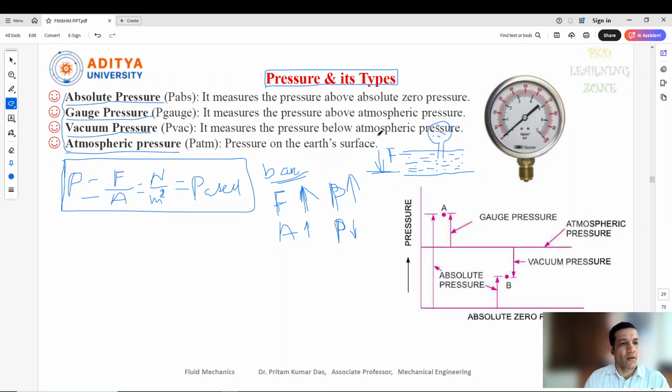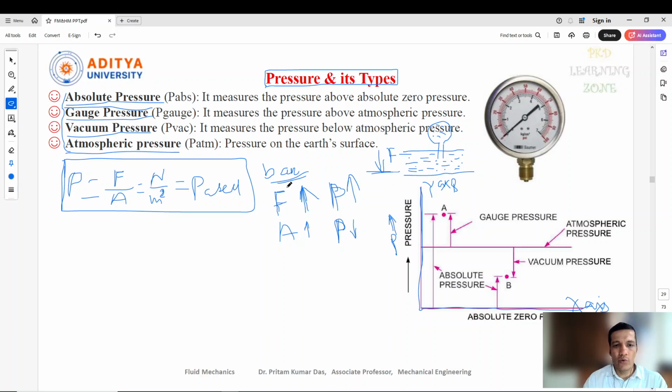And the first one is absolute pressure. Let's discuss this pressure. If I draw a graph, let this be the y-axis and this the x-axis, and I plot the pressure on the y-axis, this direction is the increase in pressure value.